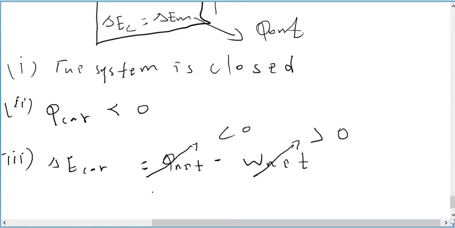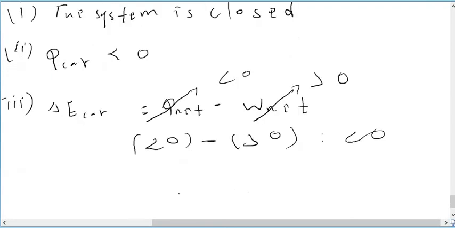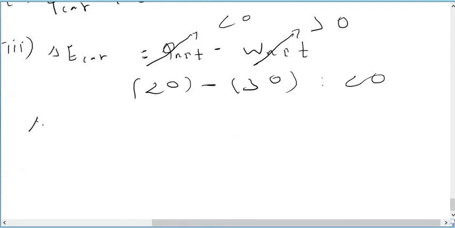So therefore we have something less than 0 minus something greater than 0, which is less than 0. Therefore the change in energy by the car is less than 0, that is negative.